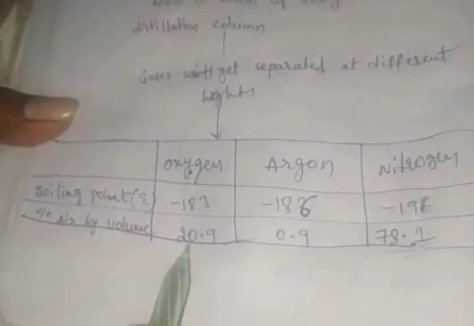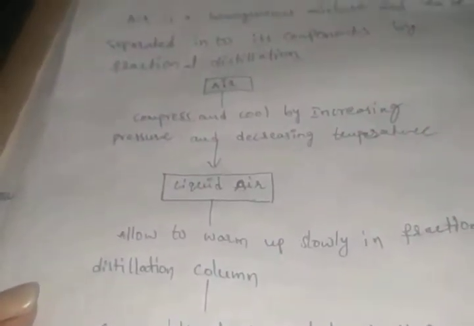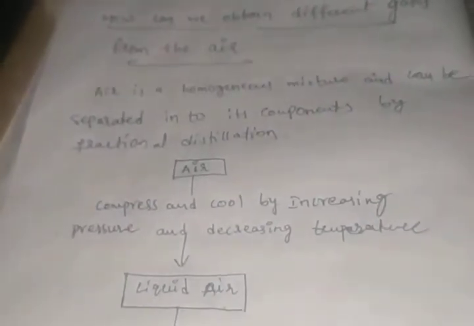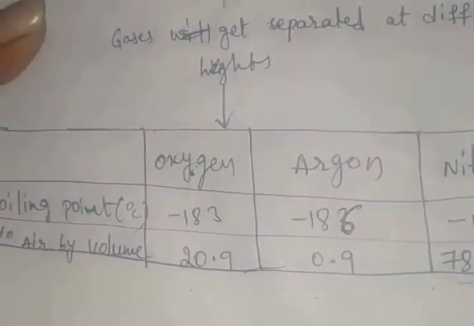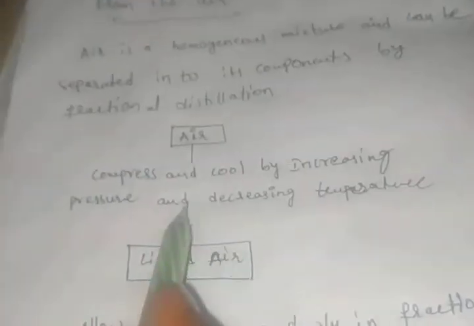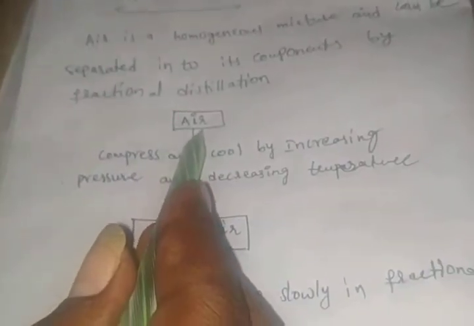How can we separate oxygen from this air? It is a homogeneous mixture and it can be separated into its components by fractional distillation. These are the components in the air, and we separate them by the fractional distillation method. First we take the air, increase the pressure and decrease the temperature, so the gaseous air is converted into liquid air.